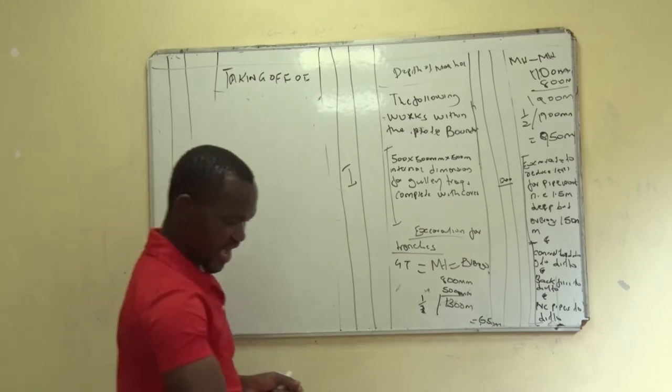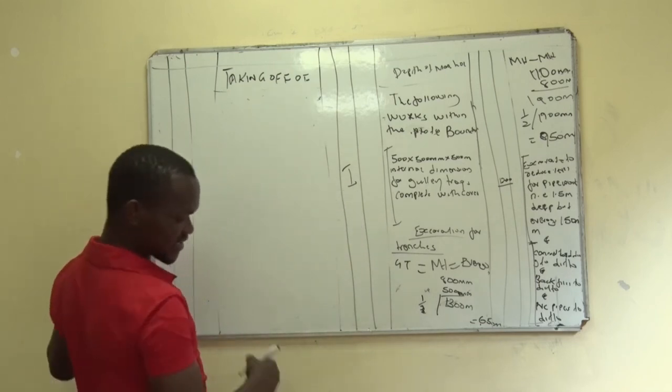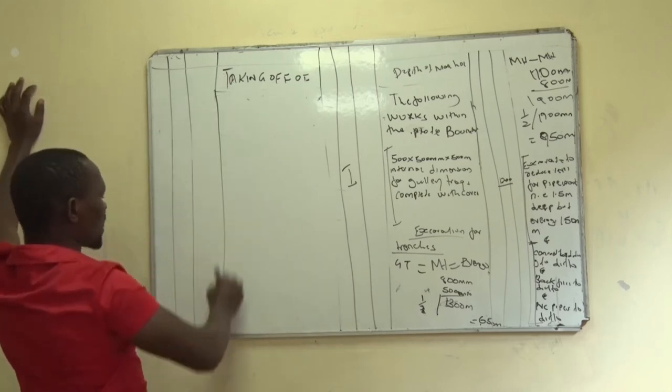Then if you look again, we have excavation for 1800 millimeters. So it means that is the distance from manhole 1 to manhole 2.